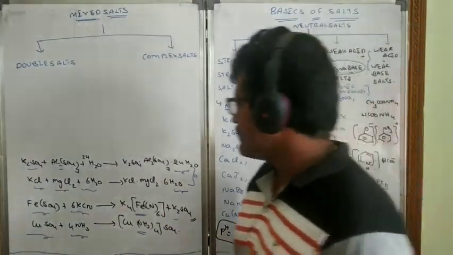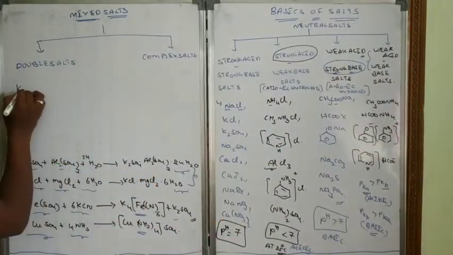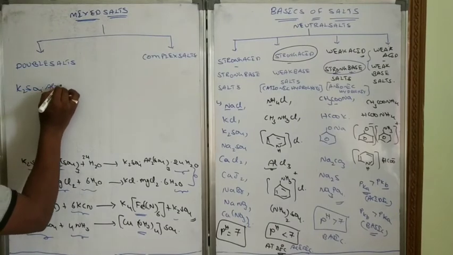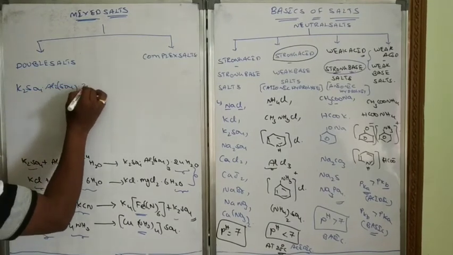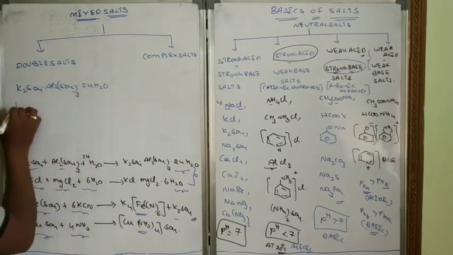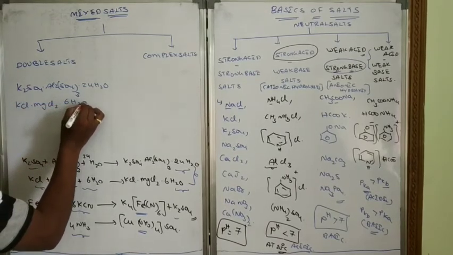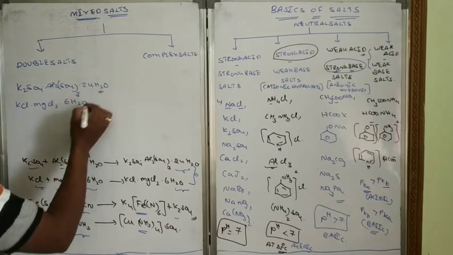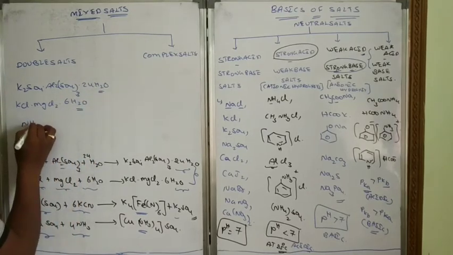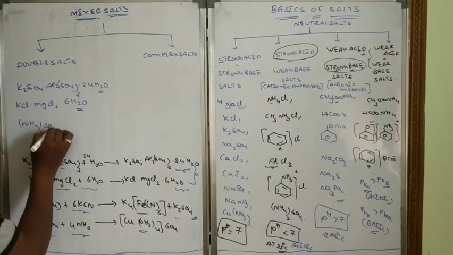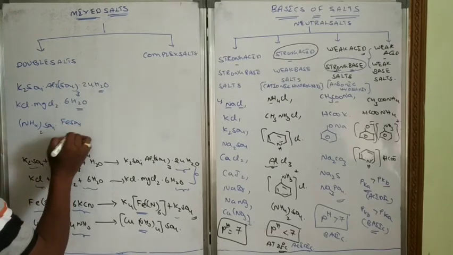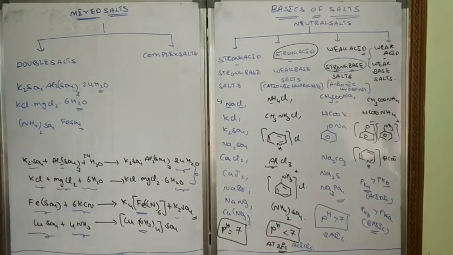Let us see double salt examples: potash alum, K2SO4·Al2(SO4)3·24H2O, and KCl·MgCl2·6H2O. This is potash alum and this is carnallite. (NH4)2SO4·FeSO4 is Mohr's salt.